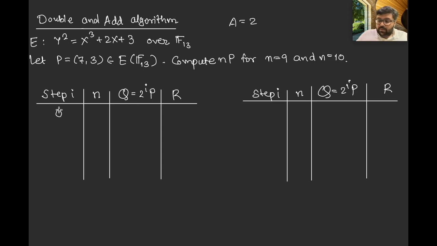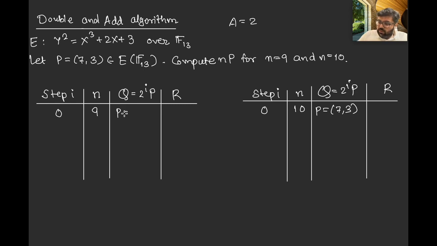Okay, so the first row is common. Step number 0, value of n: here it is 9. In this example we are doing two computations, 9P and 10P, so here it is 10. For step number 0, i equals 0, 2 raised to i times P is 2 raised to 0 times P, which is P. So this is P, (7, 3).